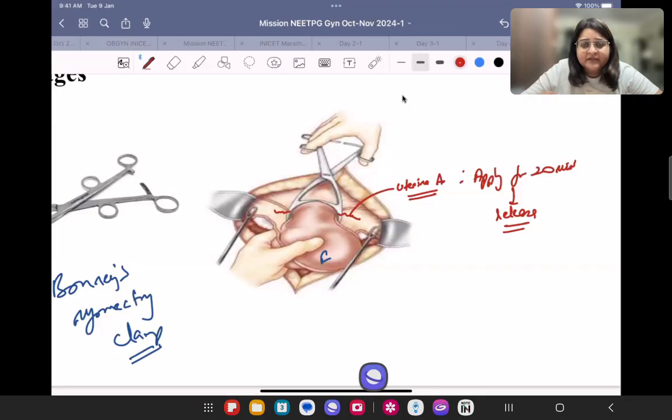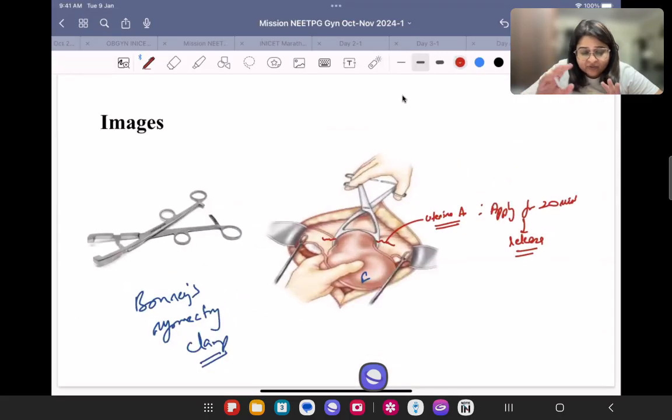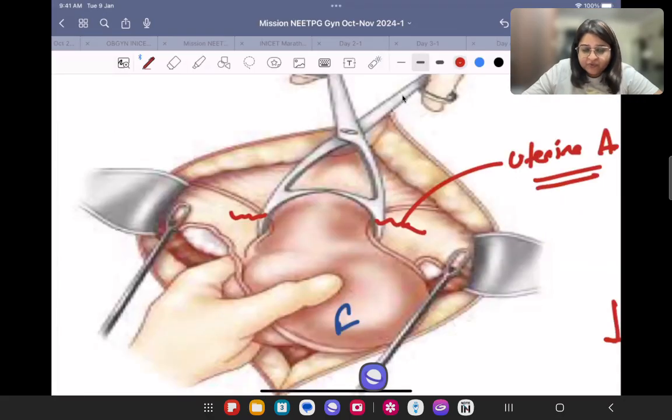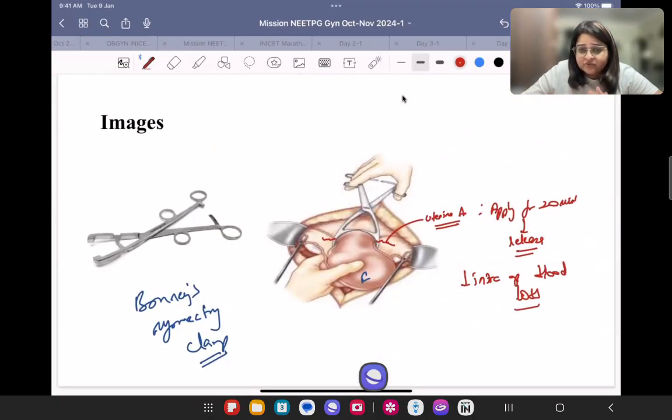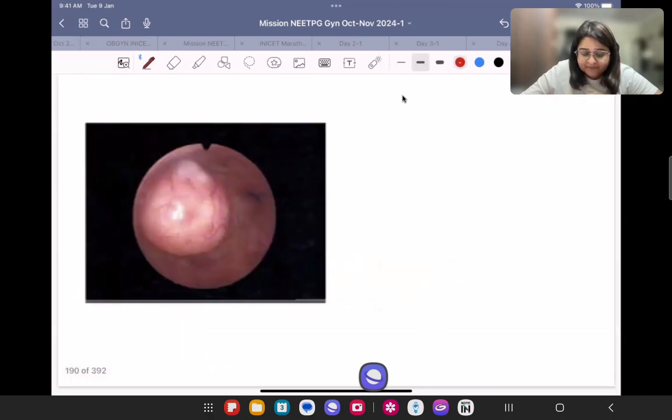So you have to replenish the blood supply. So 20 minutes lagao, fir kholo, fir lagao, fir kholo, like that. So this is going to reduce the intraoperative blood loss. So while this clamp is put, utne time mein fatafat fibroid nikal do. So this will reduce the intraoperative bleeding.